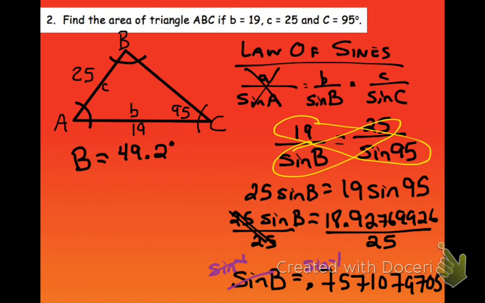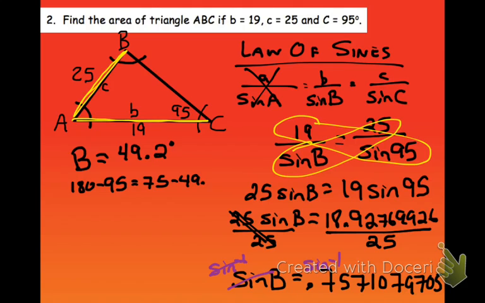Now I need angle A because they've given me this side and this side, so I need the included angle. So to do that, I would do 180 minus 95, which is 85, and then I would subtract 49.2. So I would get that angle A is about 35.8 degrees.